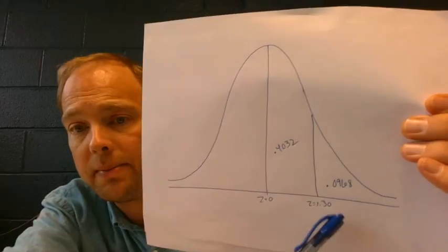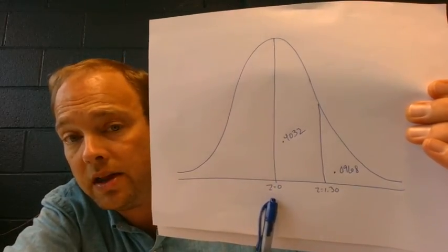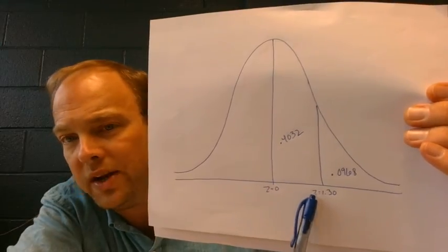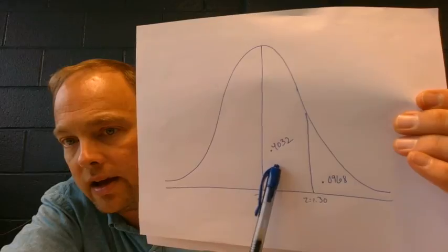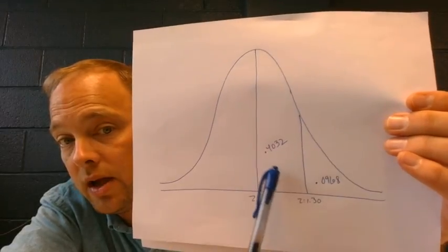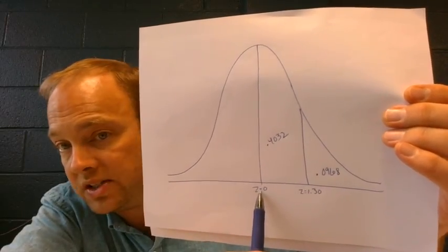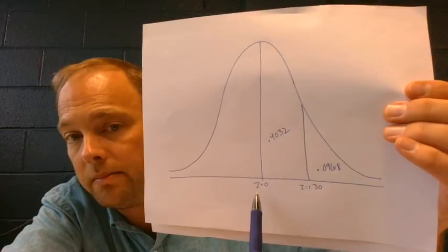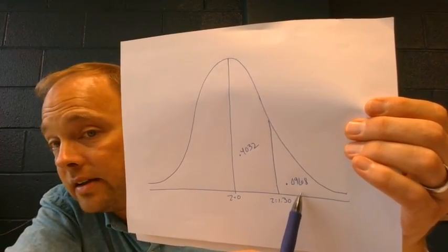The normal probability distribution, a z of 0 in the middle, a z of 1.3, that's just the one I picked out of the air. And then I put the appropriate areas where they belong, 0.4032 between the mean, or a z of 0, and a z of 1.3, and then the area beyond a z of 1.3, 0.0968.